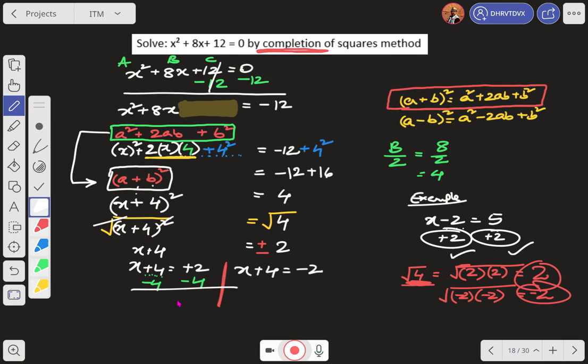Then 2 subtract 4 gives you negative 2 here, as 4 and 4 get cancelled. So x is negative 2. Then here, the opposite operation is negative 4 on both the sides. Then x equals negative 2 and negative 4 together, which is negative 6. Okay, that's it. Thank you.